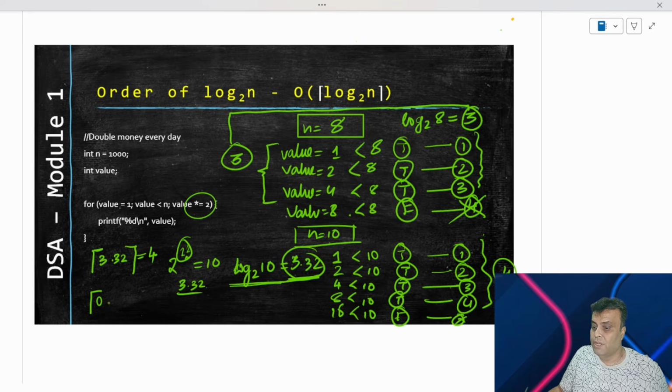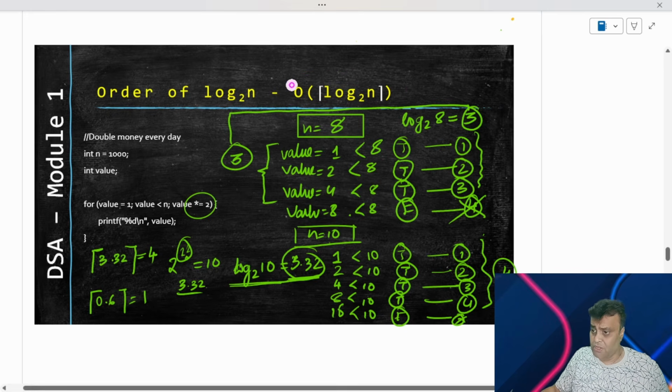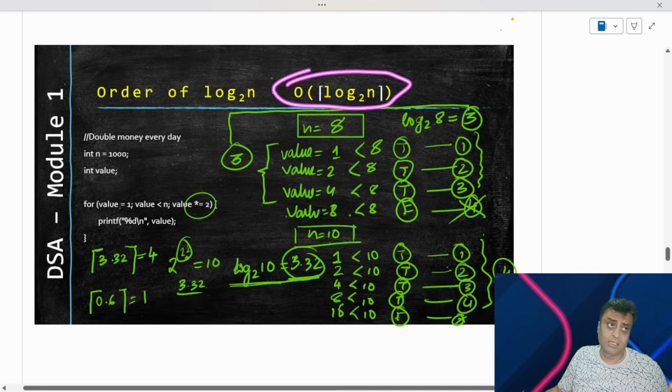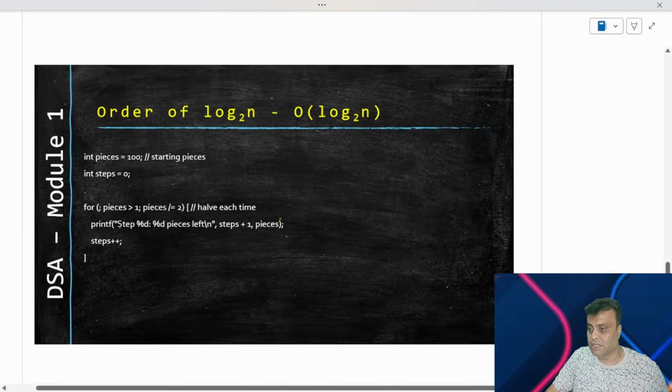Ceiling of 0.6 is 1, and so on. That is why what I have given here is the ceiling of log base 2 of n as the order. So be careful when you are talking about log base 2 of n: it is the ceiling of log base 2 of n as the order of the complexity that you will get. I think that is understandable, so let's move on to the next complexity example.